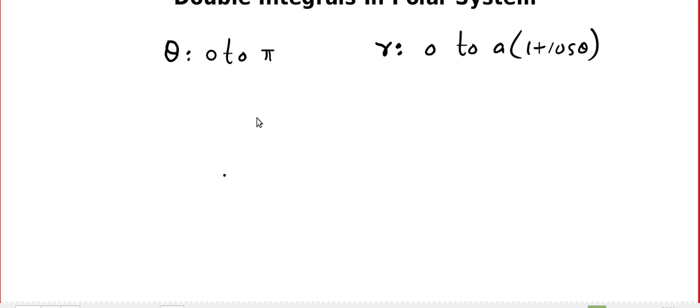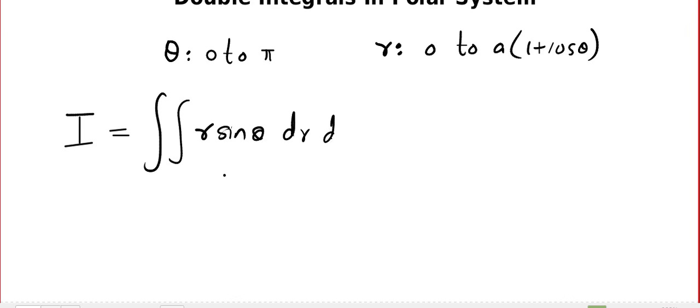So we found theta varies from 0 to pi and R varies from 0 to a into 1 plus cos theta. Now I am going to write the integral will be double integral R sin theta dr d theta. Now wait a minute.